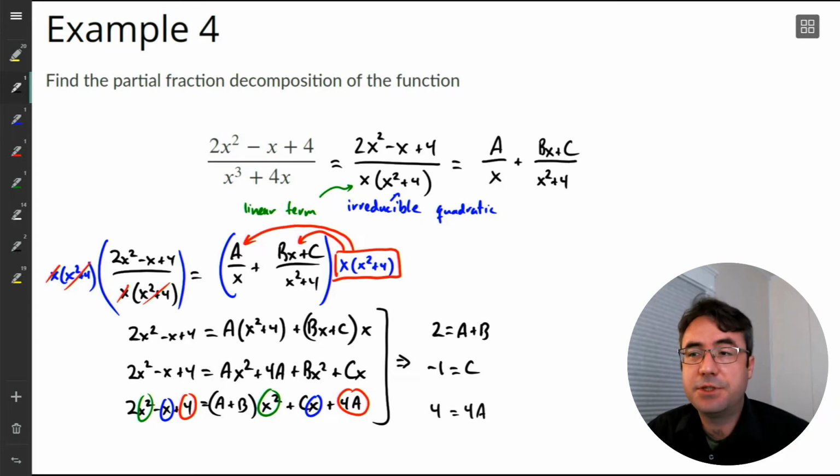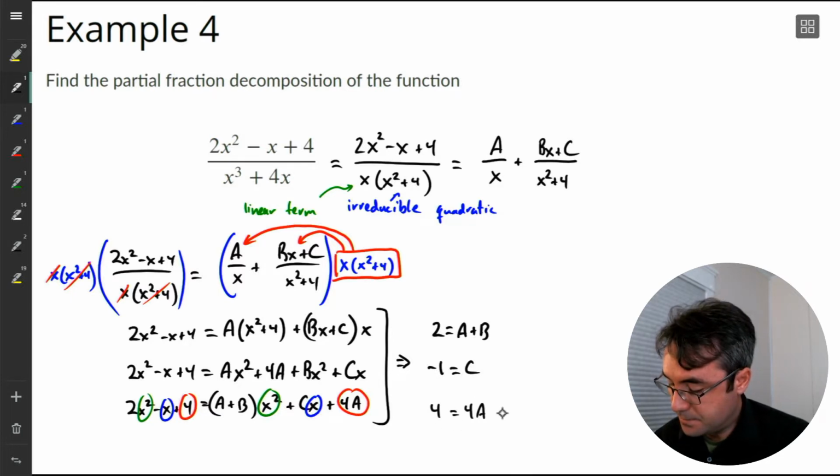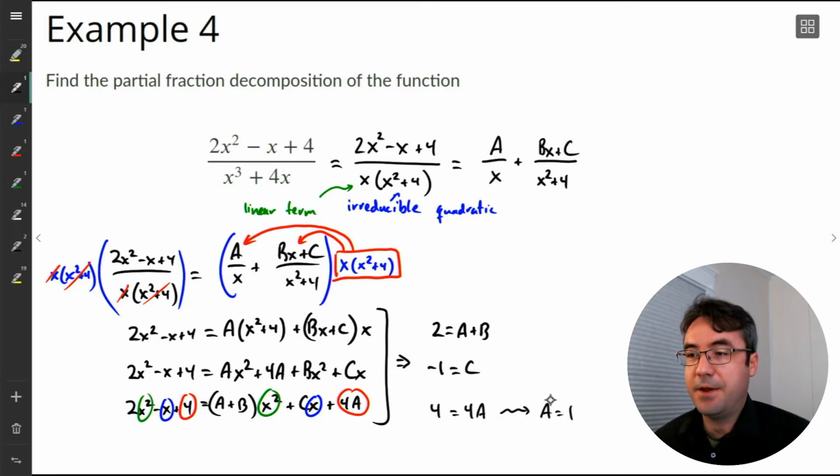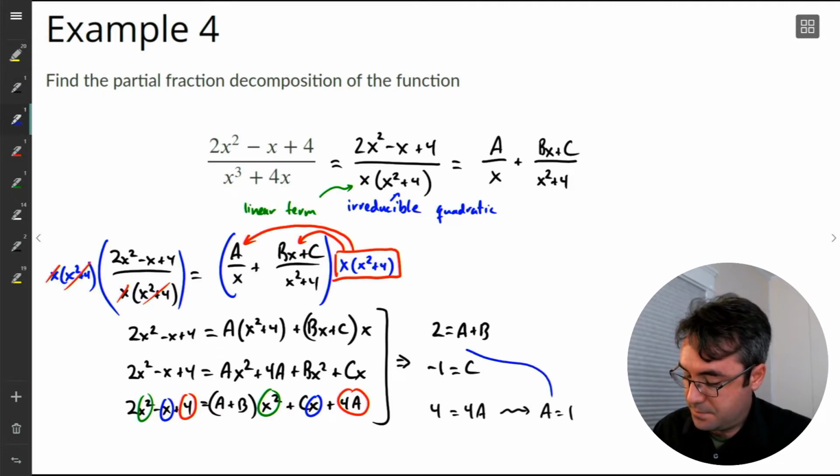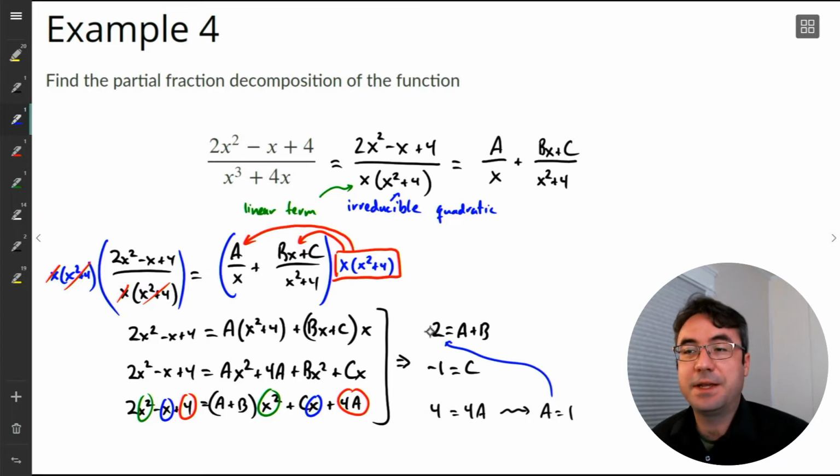And now it comes down to just solving those three equations, and it's not too bad. We already know what c is. This one we can solve for a. So we get a is equal to 1. And then we can take that result for a and plug it back in up here. And when we do that, we get 2 is equal to 1 plus b.